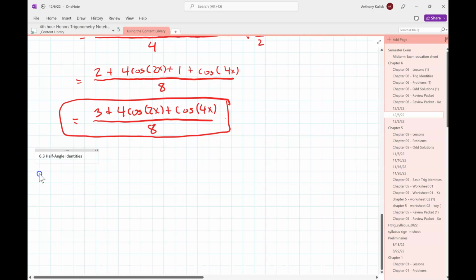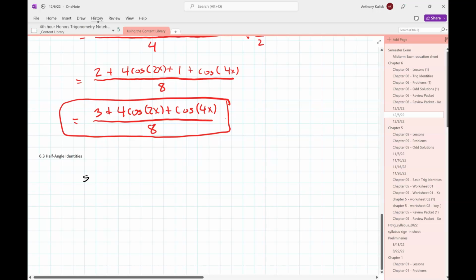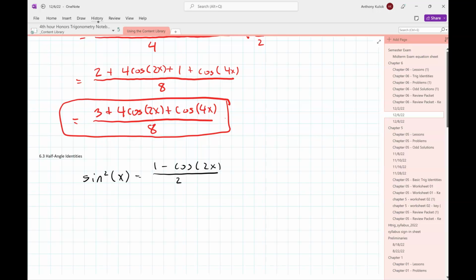All right. Half angle identities. So what we're going to do here, we're going to start with one of our power reducing identities. So hypothetically, maybe we'll start with sine squared. And then I'm going to say let x be something like theta over 2. So that's like a half angle, right?